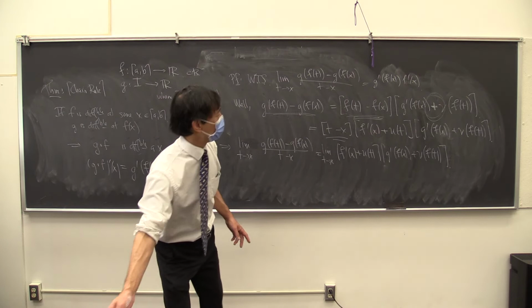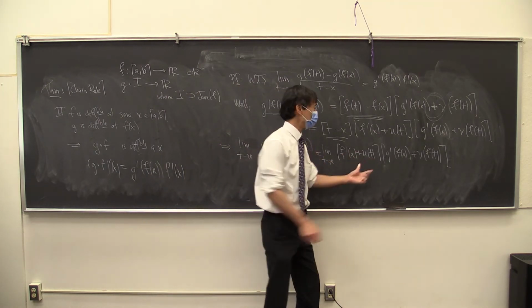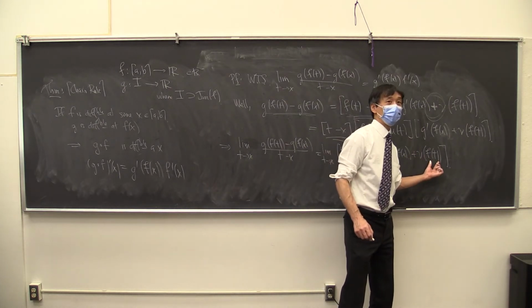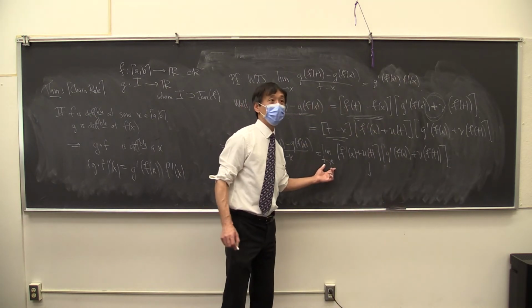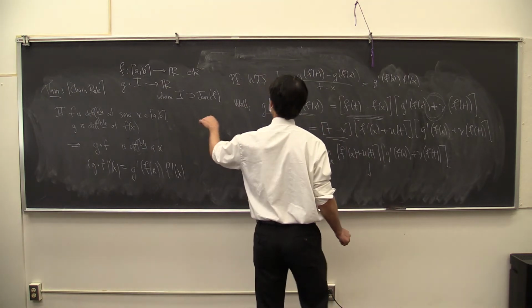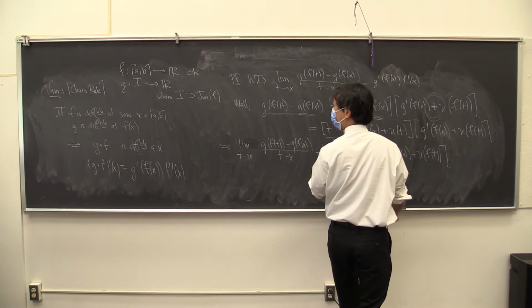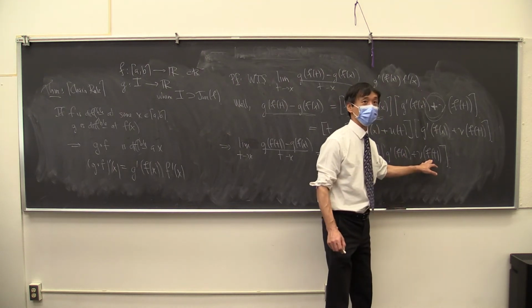What happens? Well, this u of t is going to go to 0. And f of t, by continuity, is going to go to f of x, because f was continuous, and also differentiable at x.